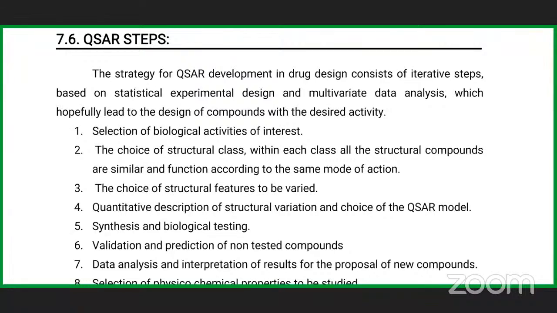For example, if you have selected the naphthalene as a core structure, we take some series of compounds with different substituents on that naphthalene. All these naphthalene analogs must show varying values generally. For example, if you take the alpha naphthol, its value will vary from the beta naphthol here.